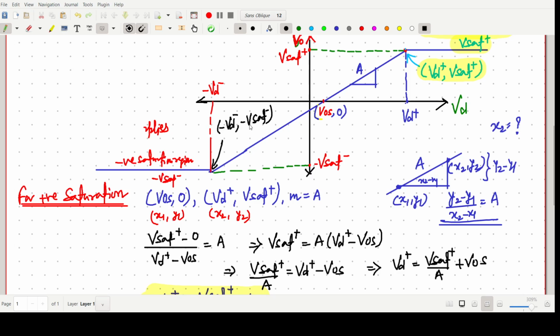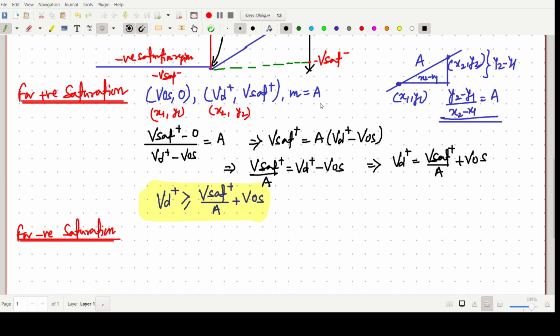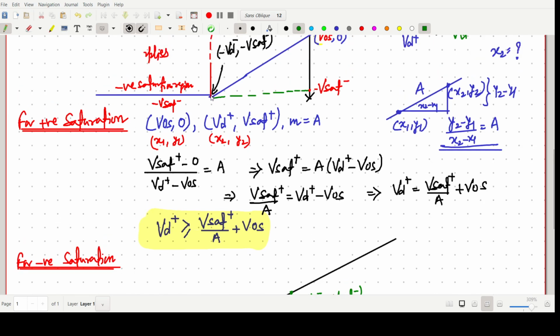Minus Vd minus and minus Vset minus, and this one is our Vos and 0. I am first writing the points on the straight line. This point is our minus Vd minus, minus Vset minus.